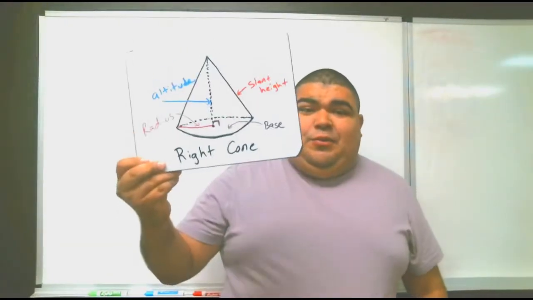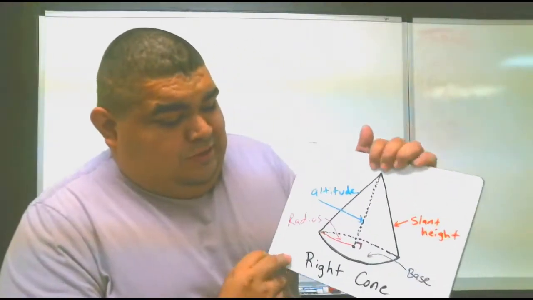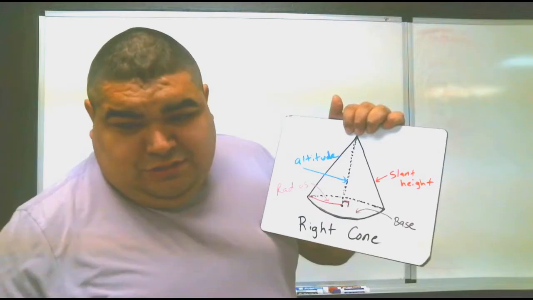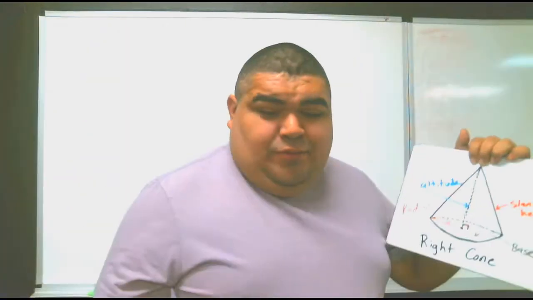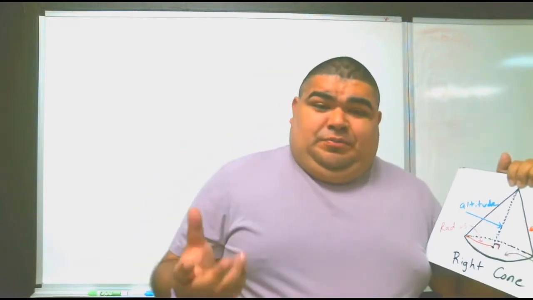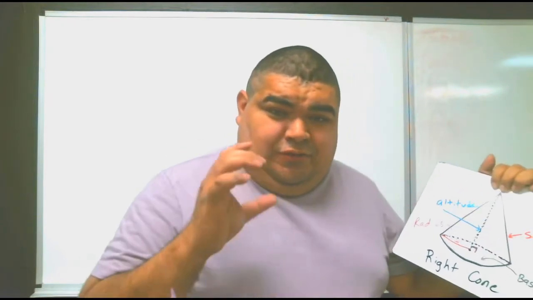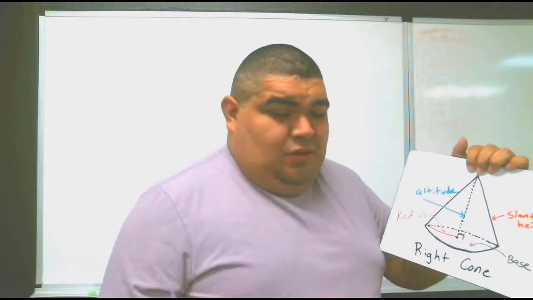All right, now that we have our cone and how it works, notice that we have our base, which is where it sits, the bottom. We have our radius, which is part of a circle: from the center to the edge is the radius.